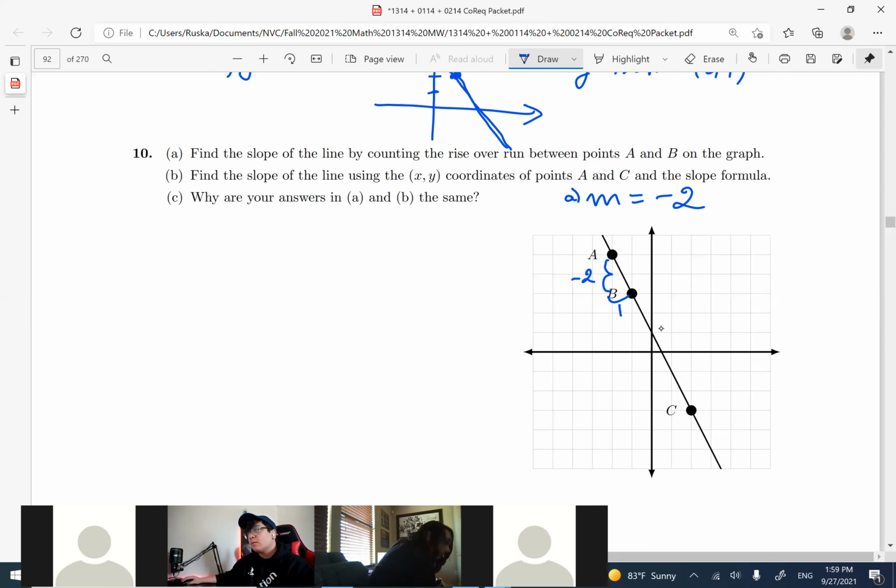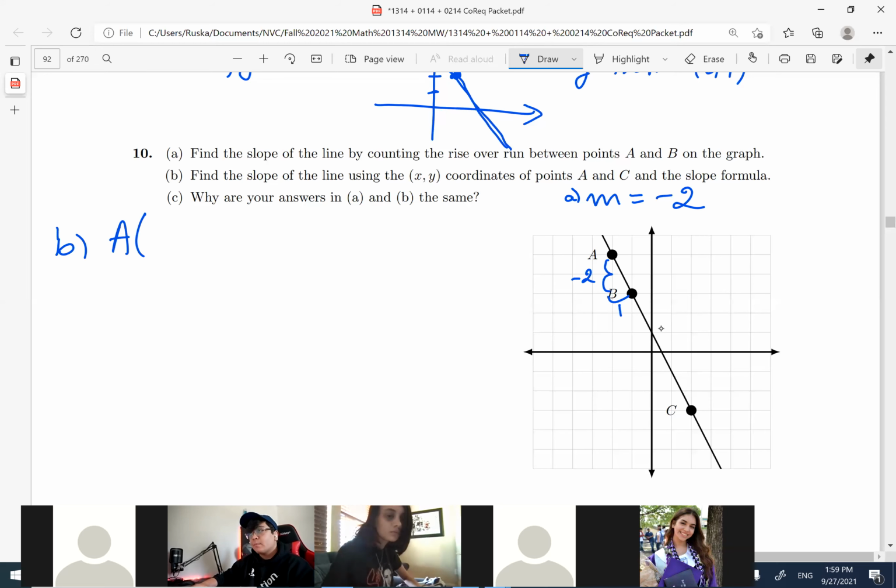For B, find the slope using the x and y coordinates for point A and C and the slope formula. So for B, I have to use the slope formula. Do you remember the slope formula? Let's get the coordinates of point A. What is x for A? -2.